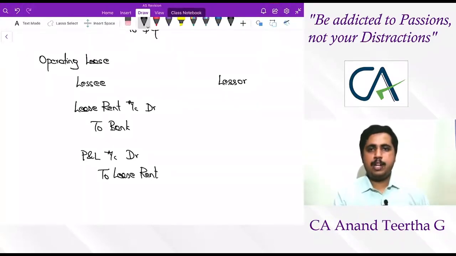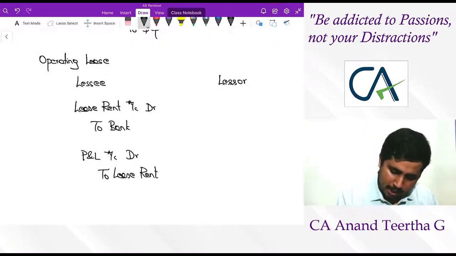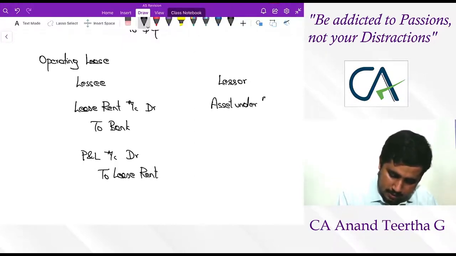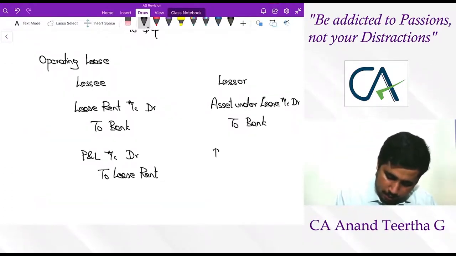basically at that time, first asset account, or asset under lease account, debit to bank. This is for purchase. Then after that, bank account debit to lease.